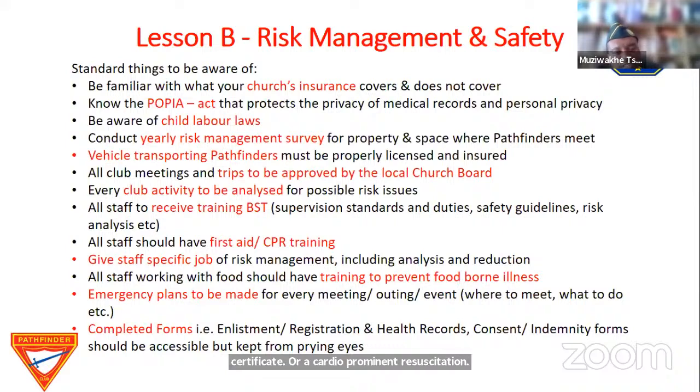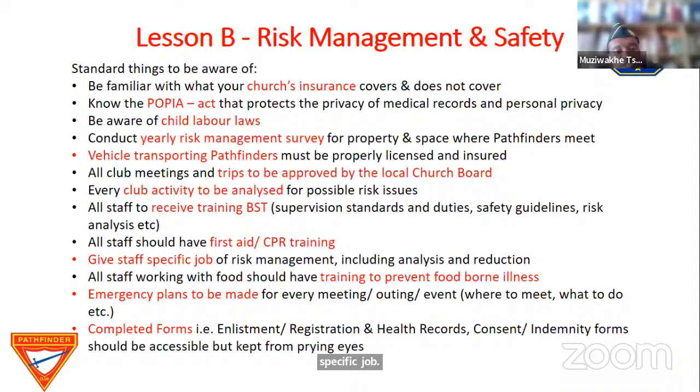And this will ensure that you can provide the best first aid care to our children whenever we are doing our various activities.